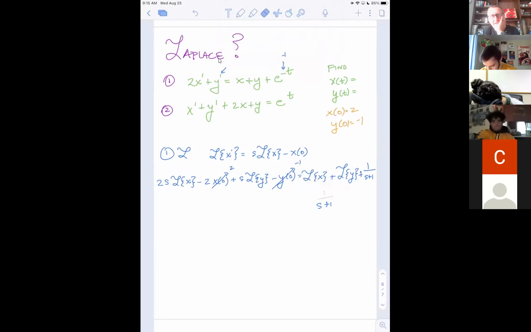So, awesome. Well, then I found myself thinking, okay, let's collect all the stuff together on the same side. So if I factored out the Laplace transform of x, then there'd be a 2s left behind for the one that I'm staring at.